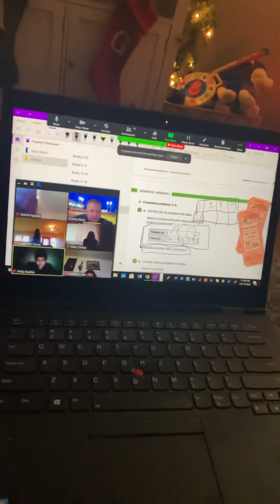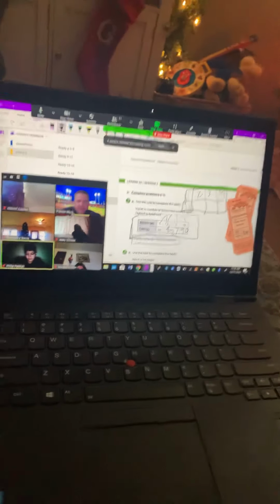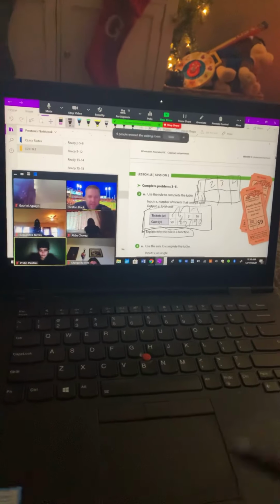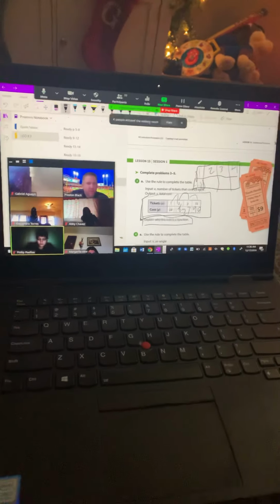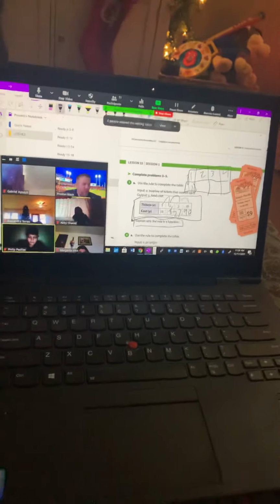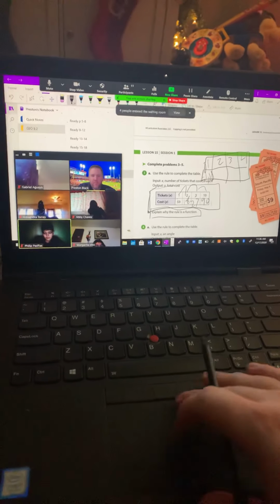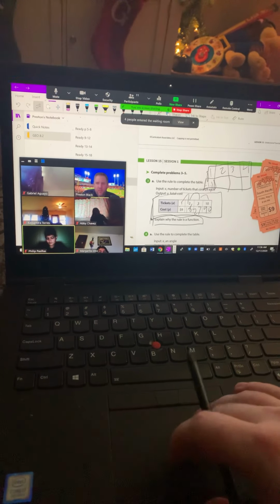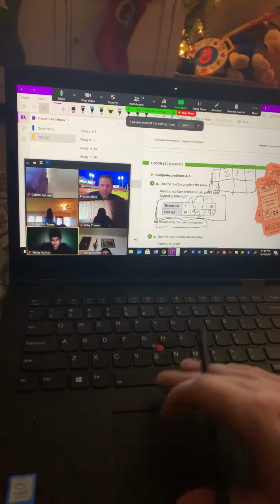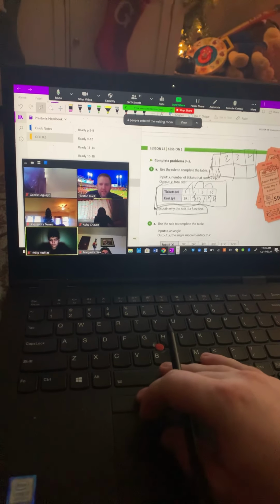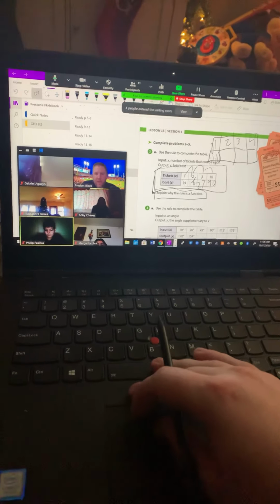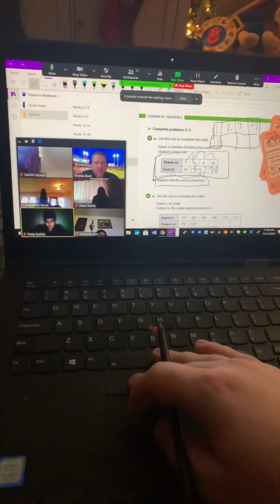It was $9. For 2 tickets, it's always going to be $18. For 3 tickets, it's always going to be $27. Good. So we were able to find the cost of the tickets. Now, we're going to look at another table.